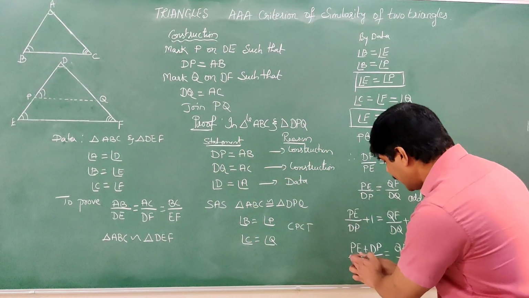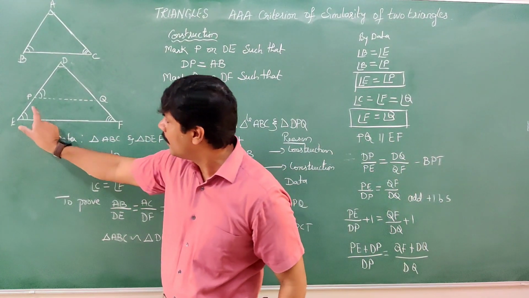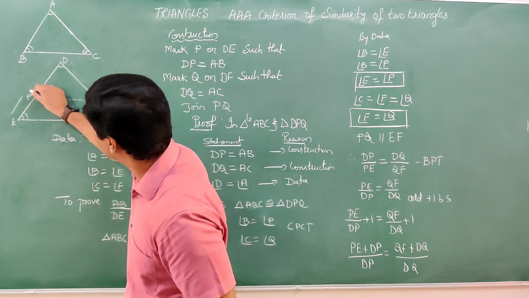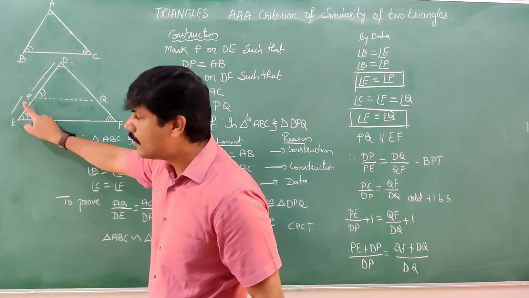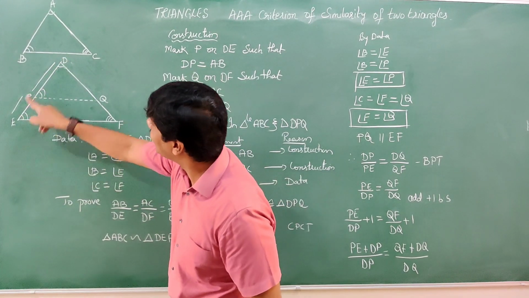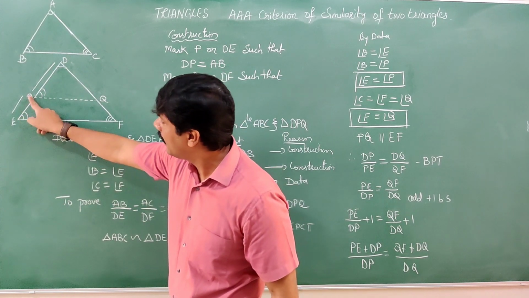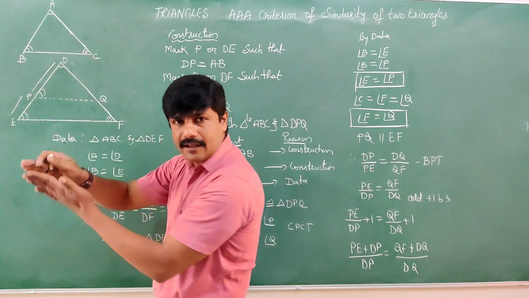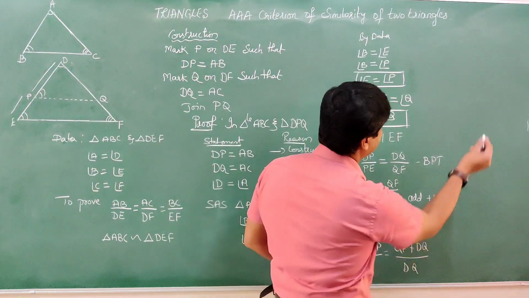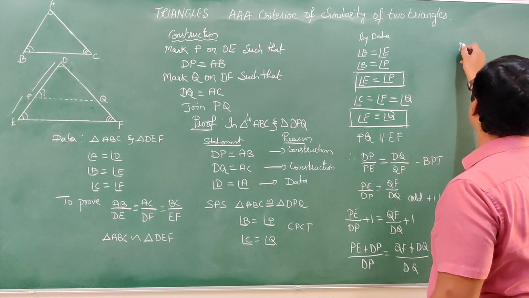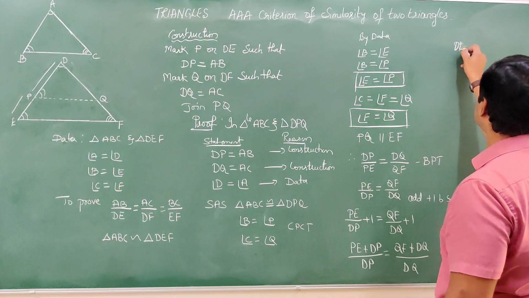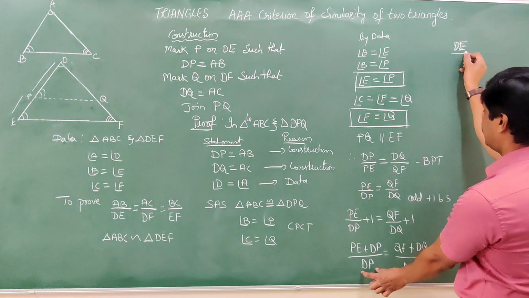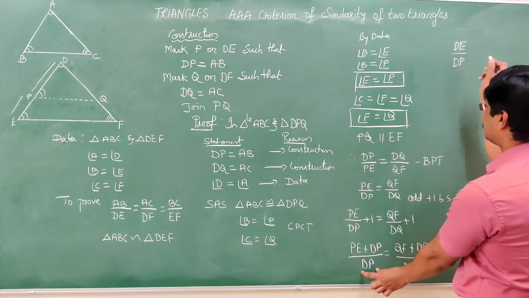Observe now. PE plus DP. Come to the triangle. PE plus DP is nothing but DE. PE, this part, plus this part, is equal to DE, the full part. Now I'll take DE here, divided by DP, keep as it is.